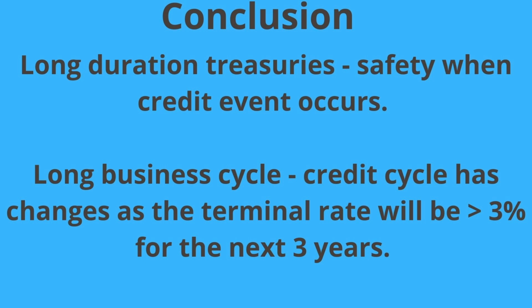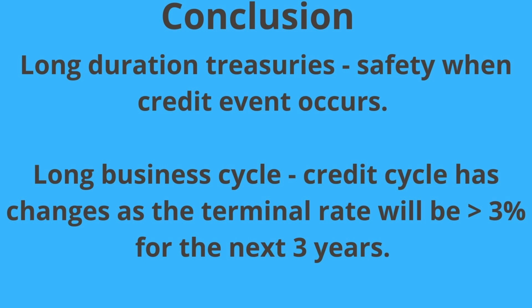And this is a very, very long business cycle. This is a new credit cycle that has changed, as the terminal rate will be, in our view, 3% higher for the next 3 years. So now we're in a time of rates higher for longer. Any credit event will immediately make the market go into safety, which is usually long duration treasuries.